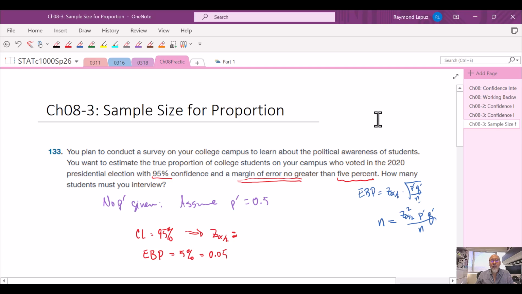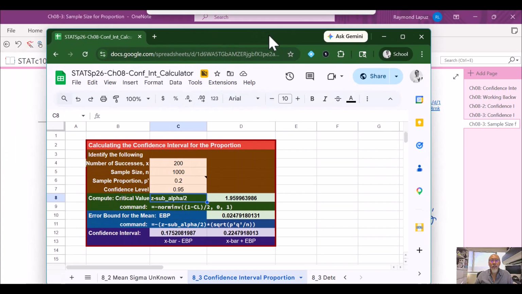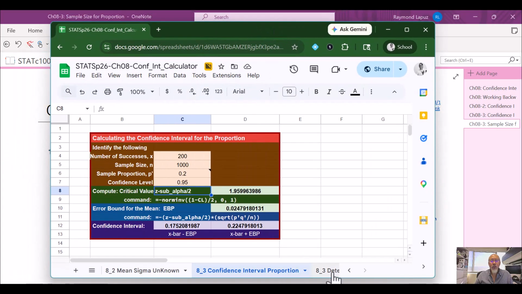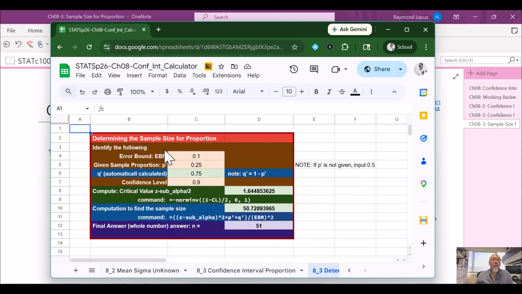Okay, so now let's go to our calculator. It's supposed to be a link here, but it's missing. Let's see if I can find it. There it goes, magically appearing. Here's a link to our calculator. Our calculator has several tabs at the bottom. We want to look for 8-3 determining sample size for proportion. Here are the things that we need.